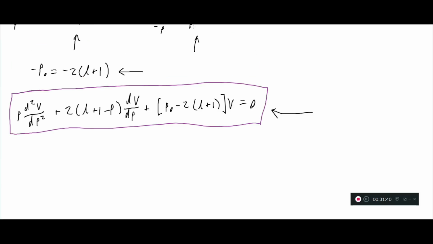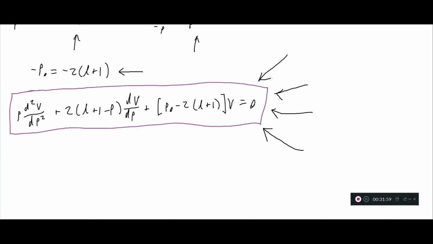And that's where I'm actually going to end this video, because this equation right here, this is the differential equation that we now want to solve. And that's what I'm going to be talking about in the next video, is actually solving this differential equation here.